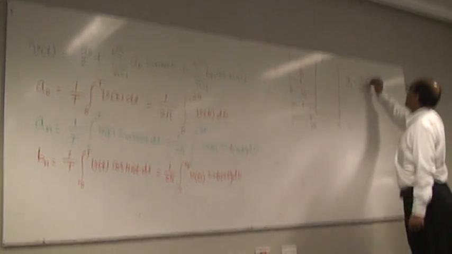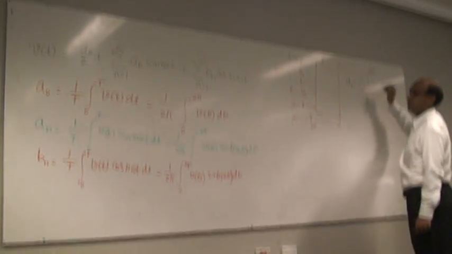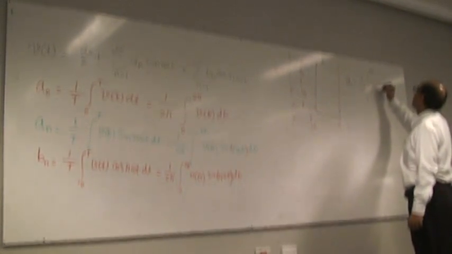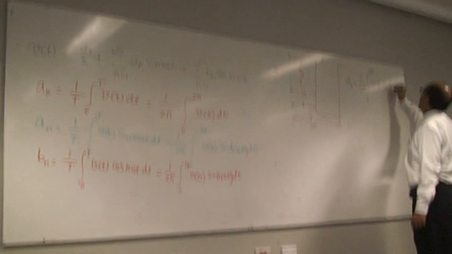Okay? B1. So what is your B1? 1 by pi, 0 to 2 pi, v(theta) sin theta d theta, isn't it?